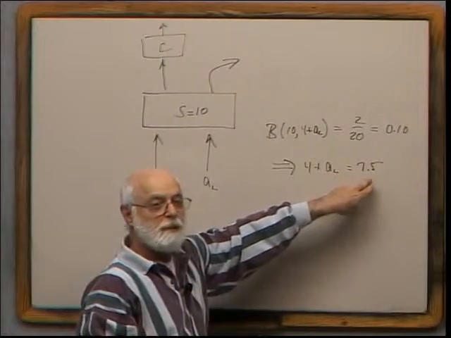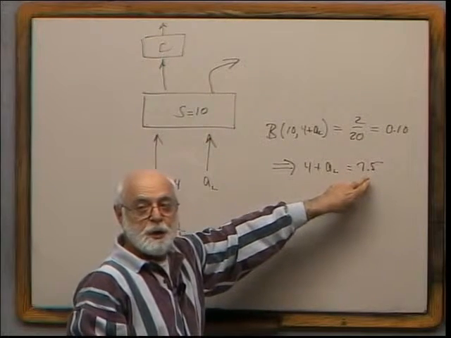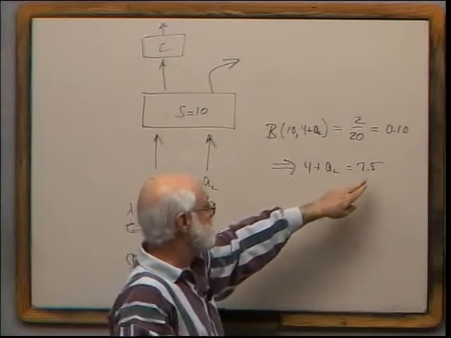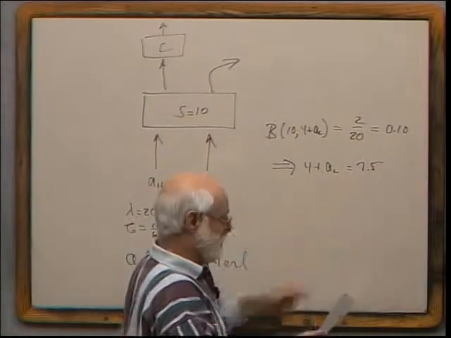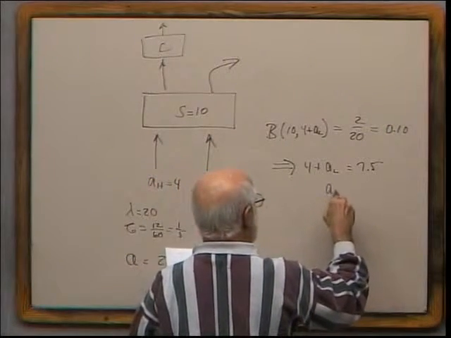So knowing that, we can get this from the diagram or from solving the equations mathematically with the formula for the Erlang B. So that means that I know what the offered load must be for the low priority traffic. It must be 3.5 Erlangs.